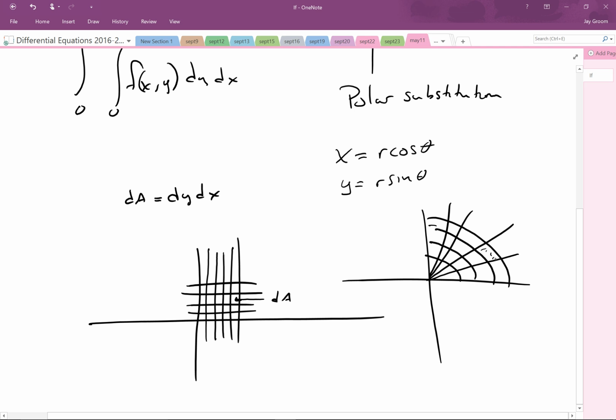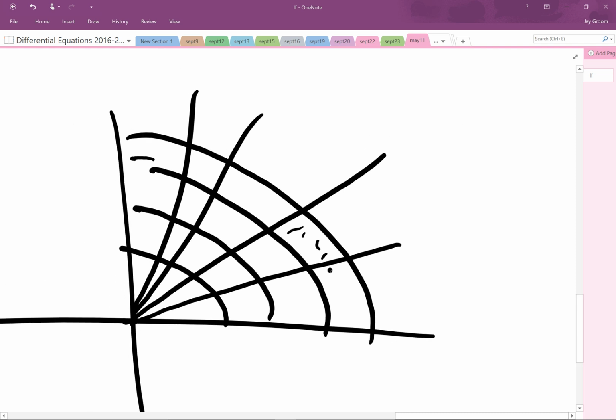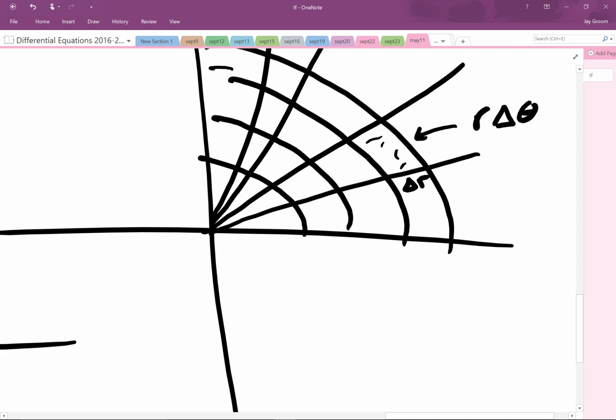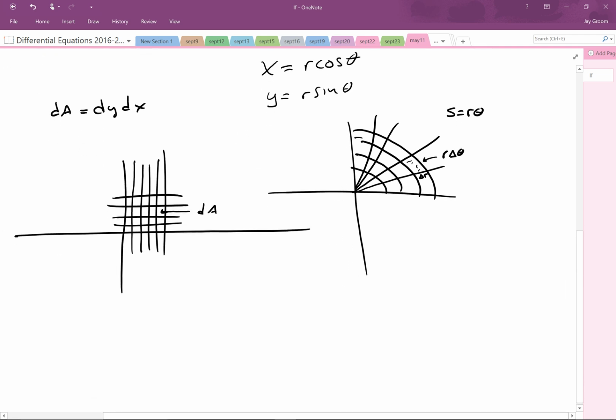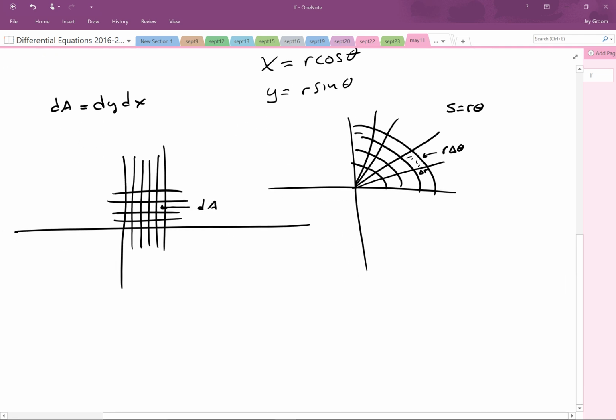This side length here would be a delta r, and the side up on top would be an arc length, s. What is s equal to? r theta, but not just any theta, r delta theta. So we're going to trade out dy dx for an r dr d theta.